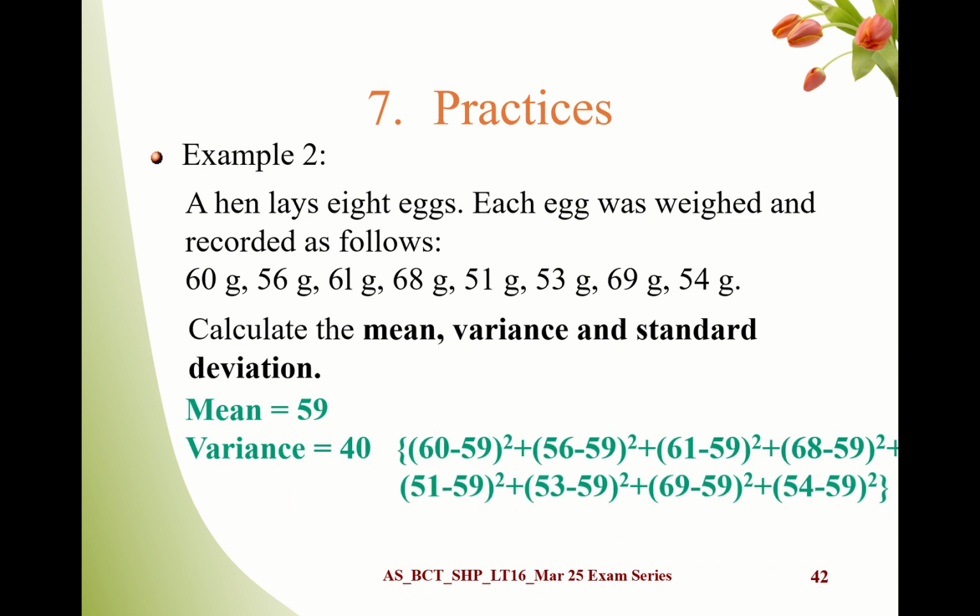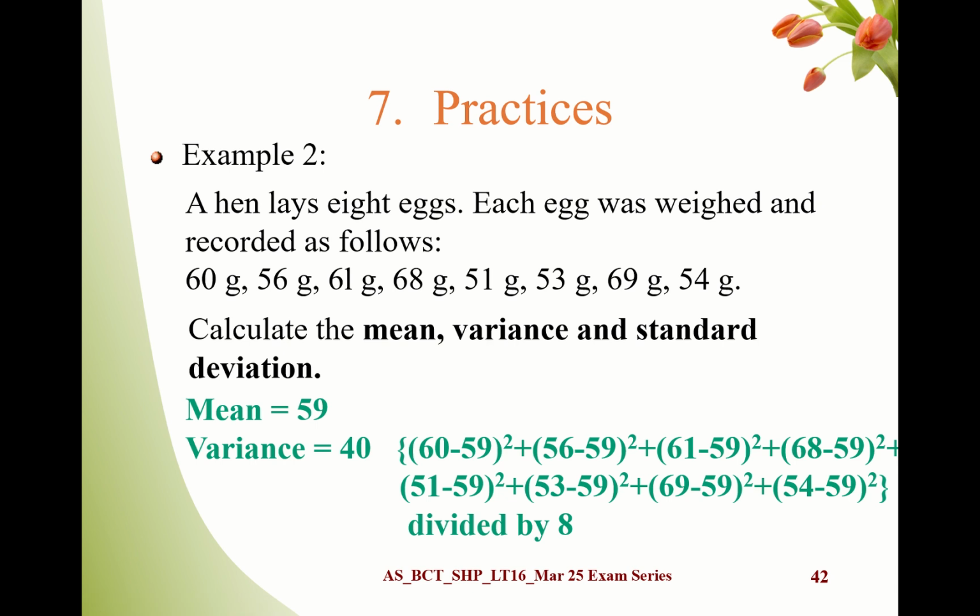Why divide by 8? Because the hen lays 8 eggs. You take all the 8 eggs to weigh. So this is a population. If the hen lays 100 eggs, you take 8 eggs out of the 100 to weigh. That 8 is a sample, in which case you should divide by 8 minus 1, which is 7.